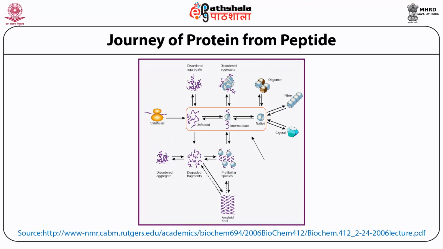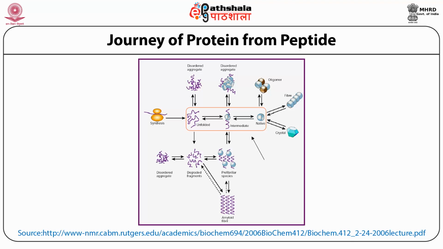We discuss the journey of protein from polypeptide. You can see here the messenger RNA, which carries information about the protein sequence, bound to the ribosome and transfer RNA, which leads to the synthesis of the protein in the linear form that is known as the unfolded state. From the unfolded state, it has to go into many different cycles.